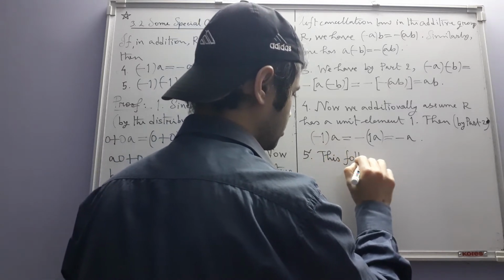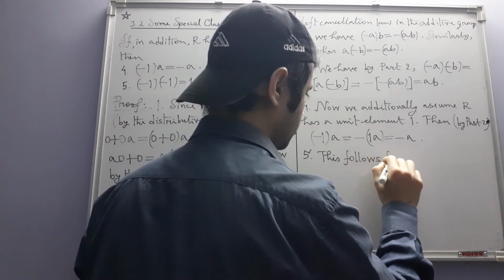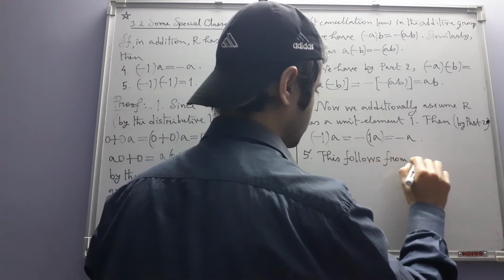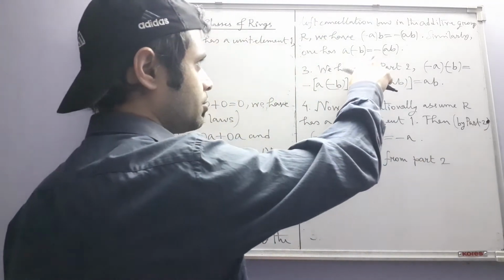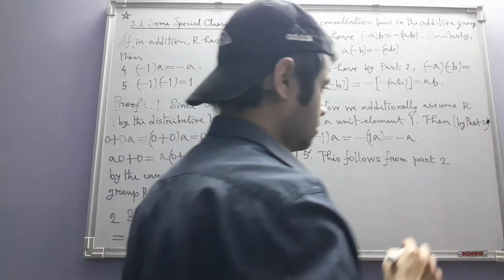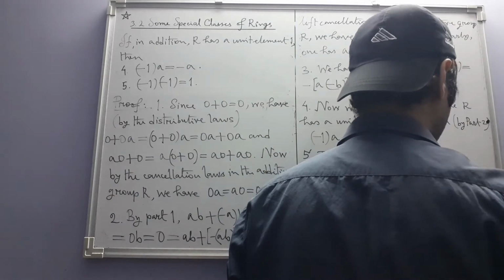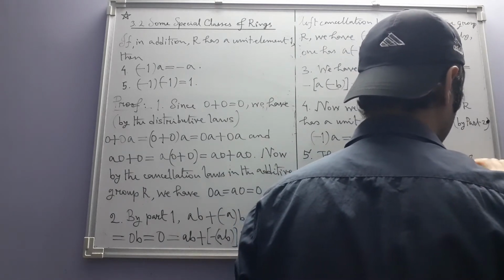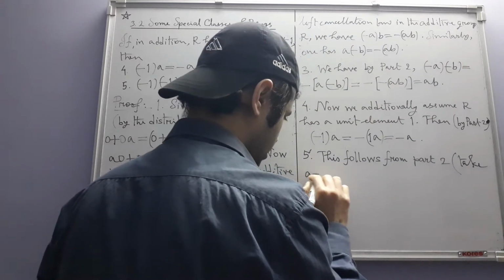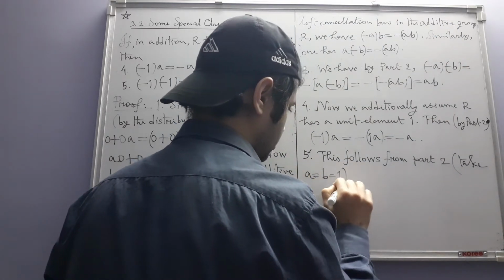This follows from part 2, that is, it follows from here. In bracket we write, take A equal to B equal to 1.